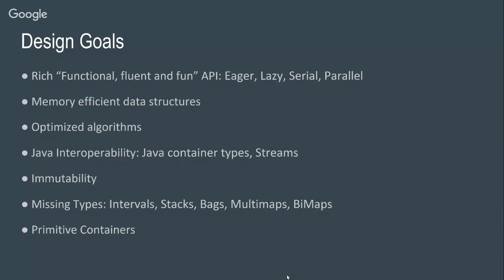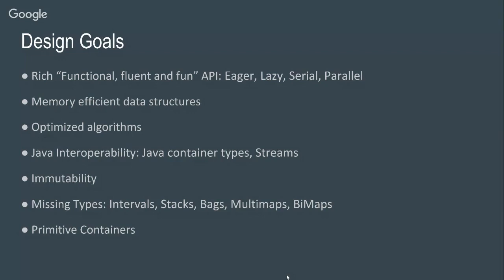So moving on, the missing types. We saw there were a few shortcomings in the JDK collections hierarchy, and we figured that we can add our own collection types as well. Interval is one, stacks are another.